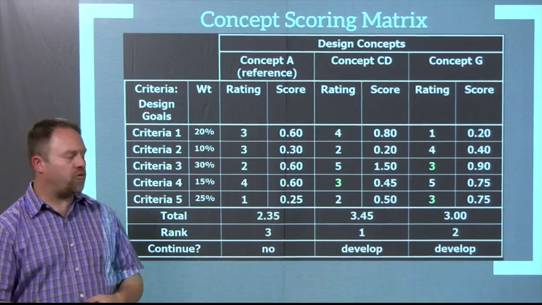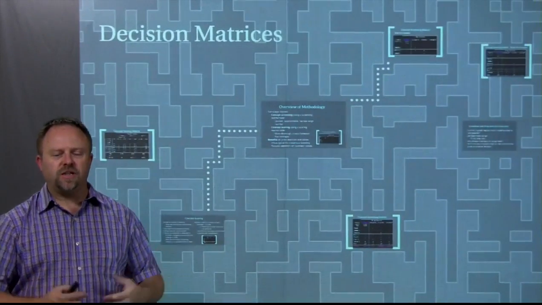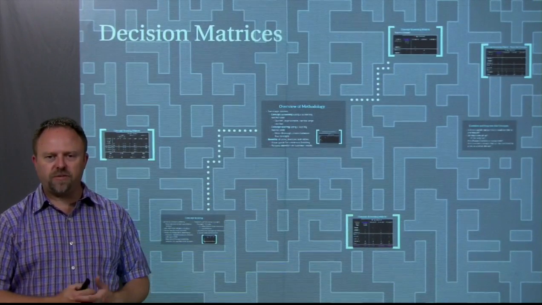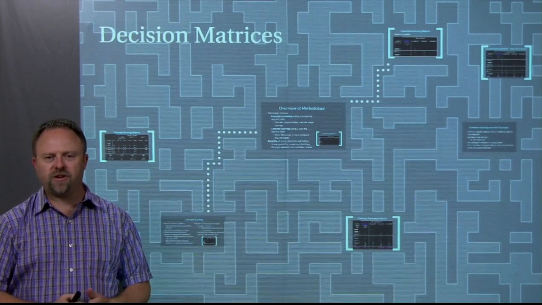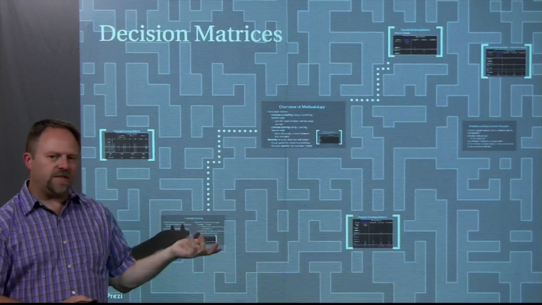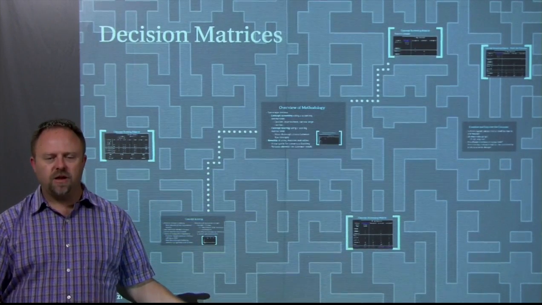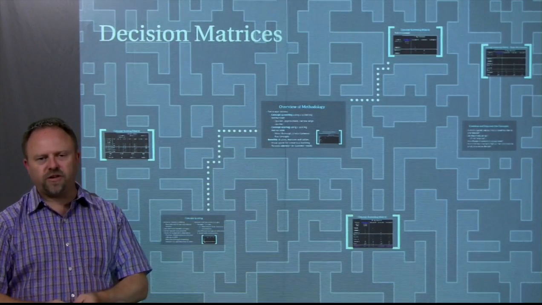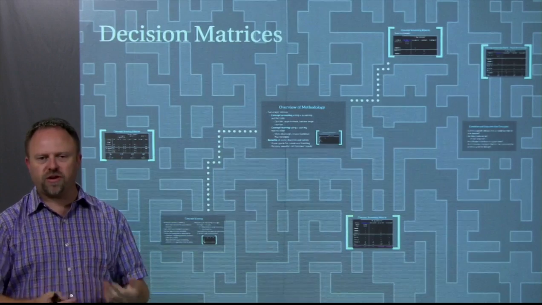But this is the process that we've used. Hopefully this will help you in your decision-making process, that you can use some of these tools, a scoring matrix and a screening matrix, to help you conduct some decision analysis. Again, these matrices can be looked at for the overall design, or you can use them on individual functions of the design to rate the individual design concepts to try to narrow those down.